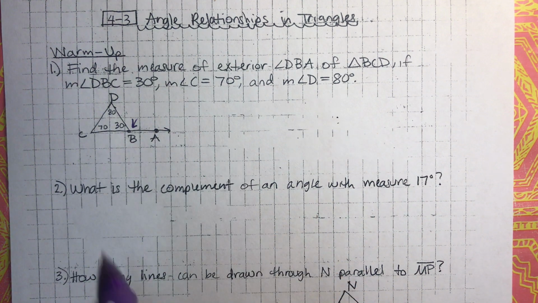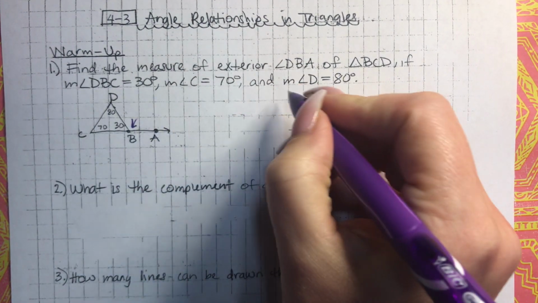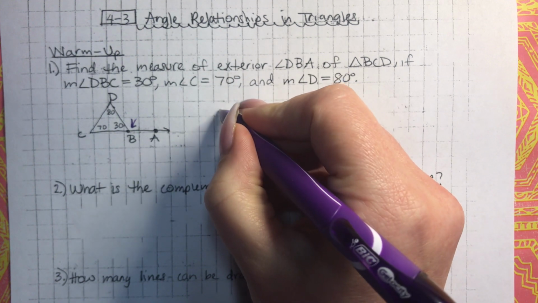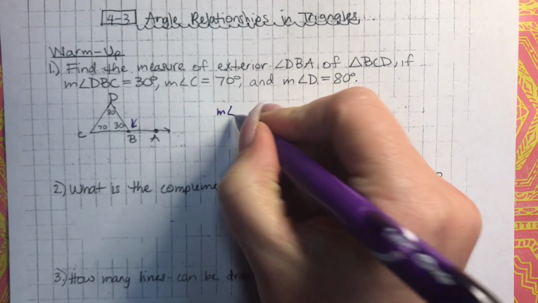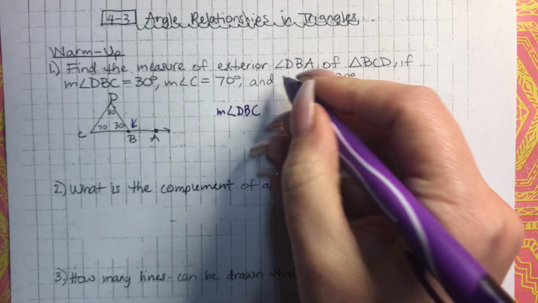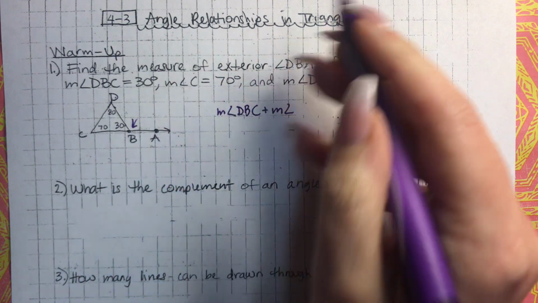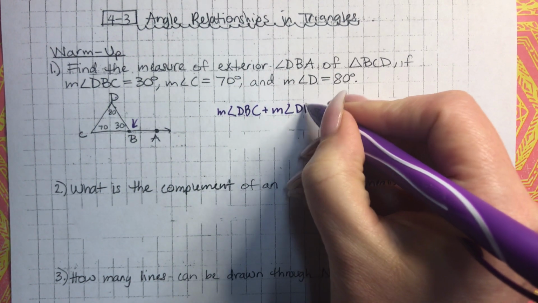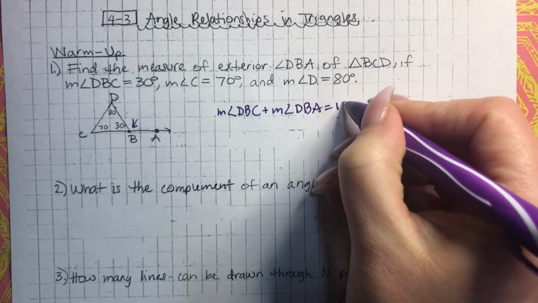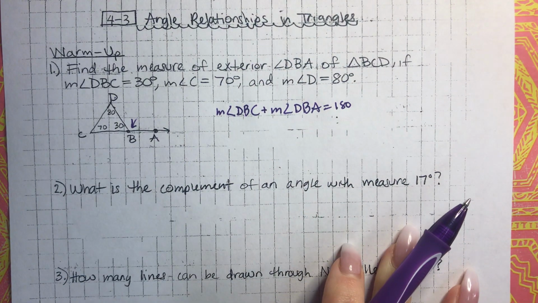So let's just go ahead and write that. I'm going to write it in symbols first. The measure of angle DBC plus the measure of angle DBA is equal to 180 degrees because it's a linear pair.